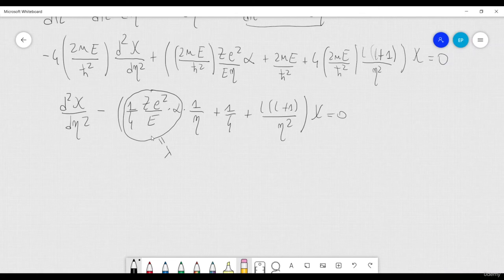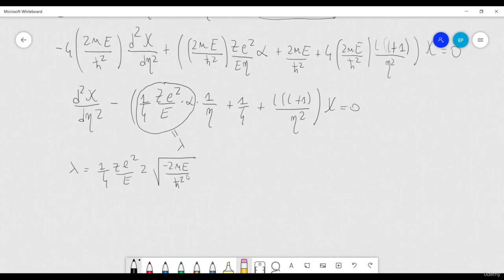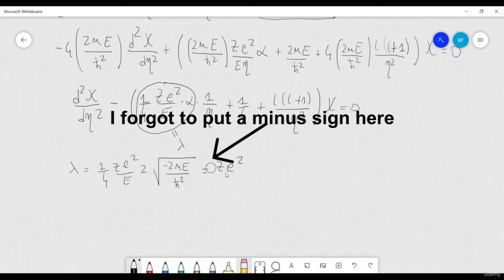At the moment we know nothing about lambda. And lambda is just 1 over 4 Z e squared over E times alpha, but alpha is 2 times the square root of minus 2 mu E divided by h bar squared. So this was just the definition of alpha that you see there. And you can rearrange these terms like this: Z e squared over h bar times the square root of minus mu divided by 2E. Okay, so this is the definition for lambda.